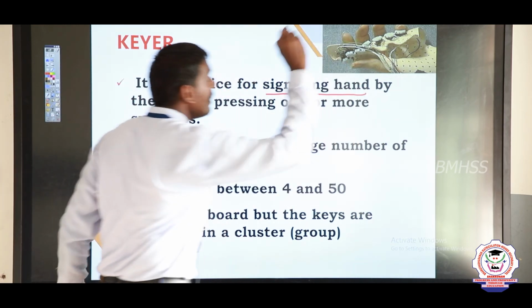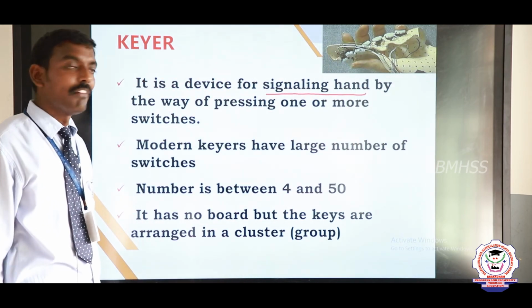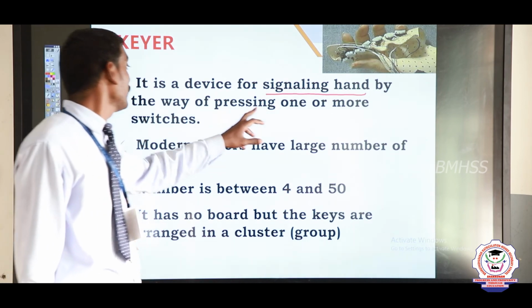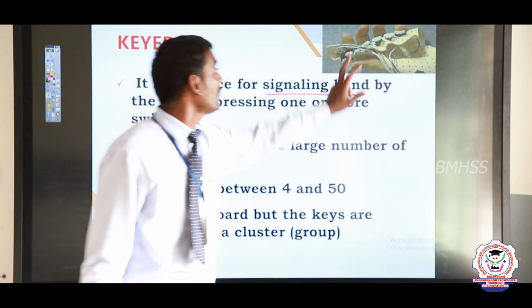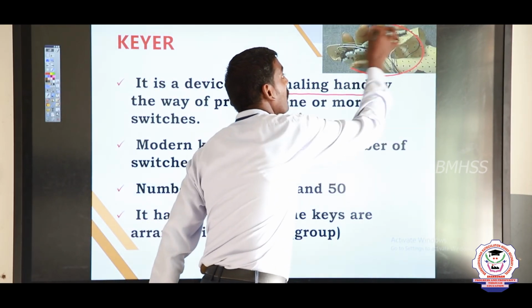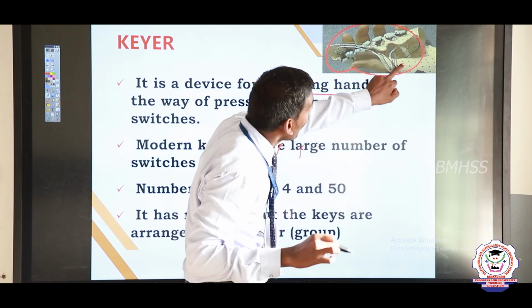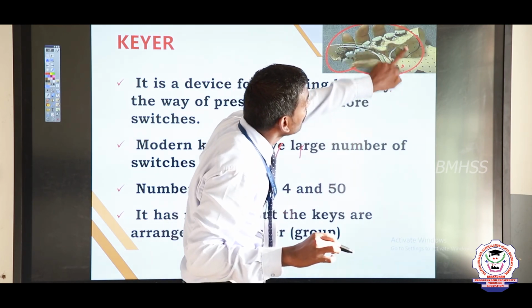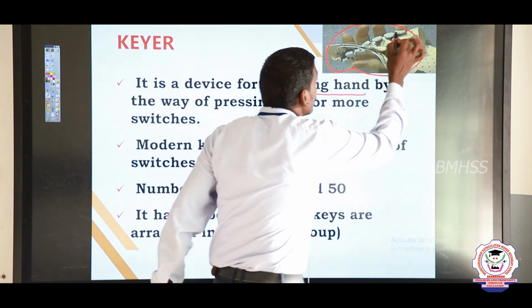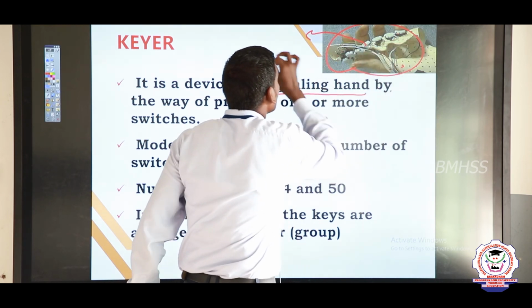You are giving input in the form of a signal by hand, by way of pressing one or more switches. This is an example diagram. In this glove, we have switches. These are the switches.